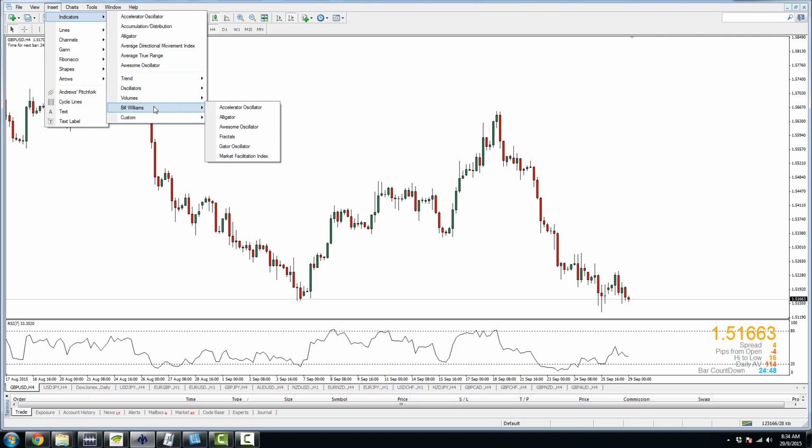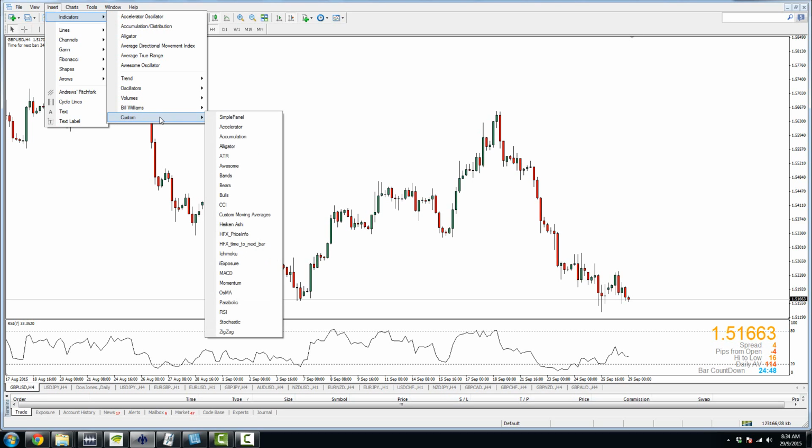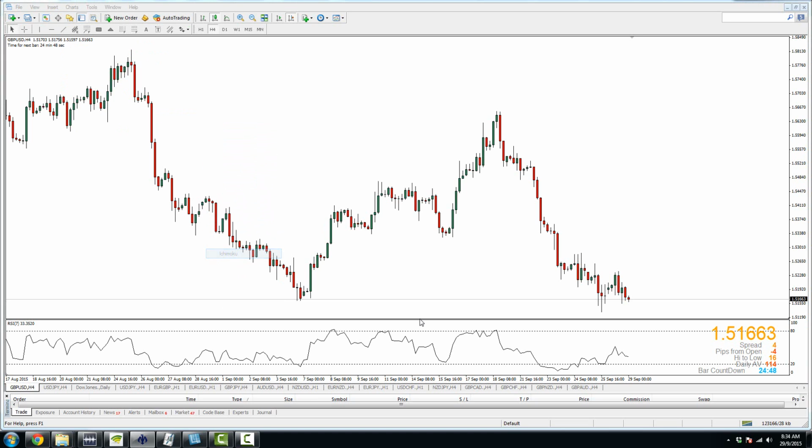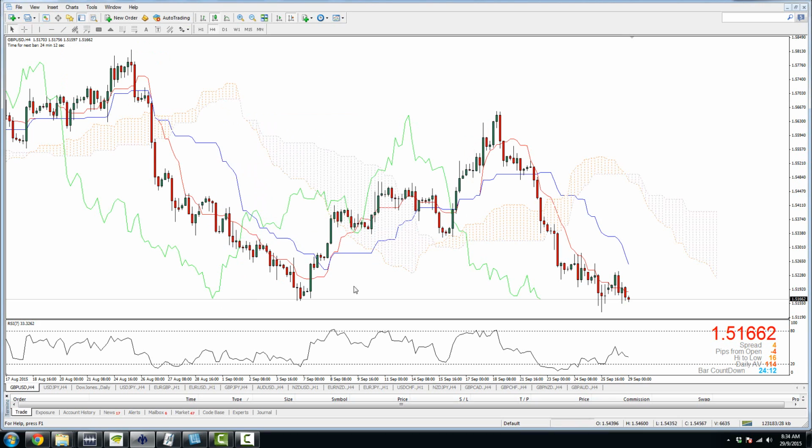MT4 is an open source platform, so if you go online you can download a lot of interesting indicators to add to your trading. For example, today I feel like inserting this Ichimoku Japanese indicator. I just click Ichimoku and press OK, and you get the indicator on your chart. Do not ask me how I interpret the Ichimoku because I'm not an expert with it.